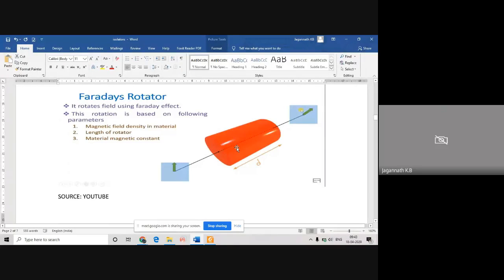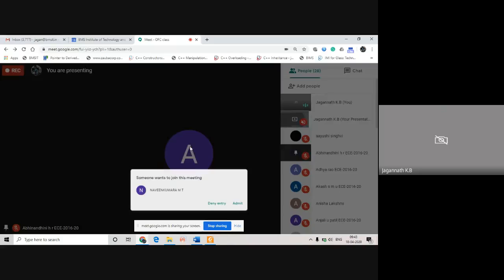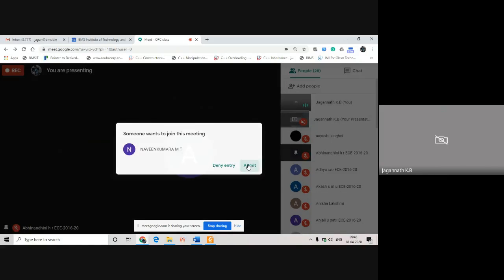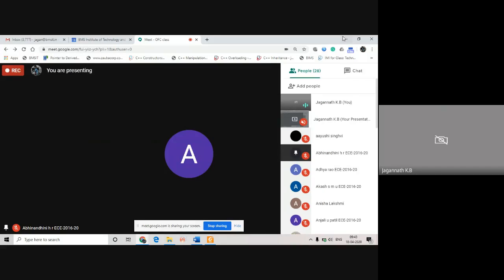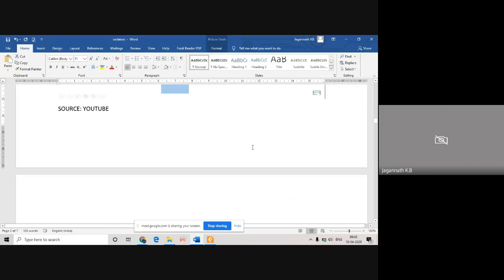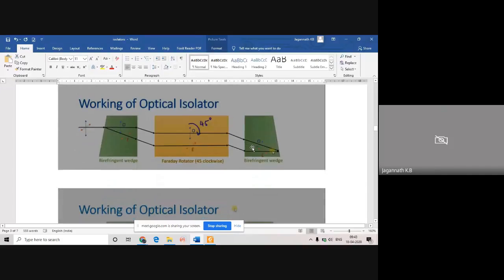When you send any data, either horizontally or vertically polarized signal, it rotates your signal by 45 degrees. Data will be rotated by 45 degrees. That's what we are doing. So this is the working of the isolator.